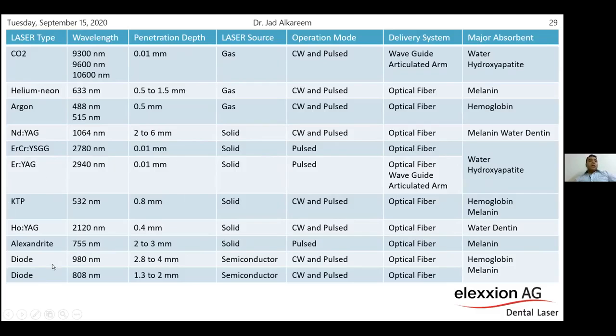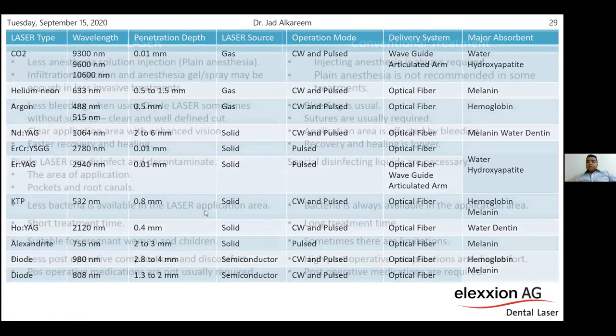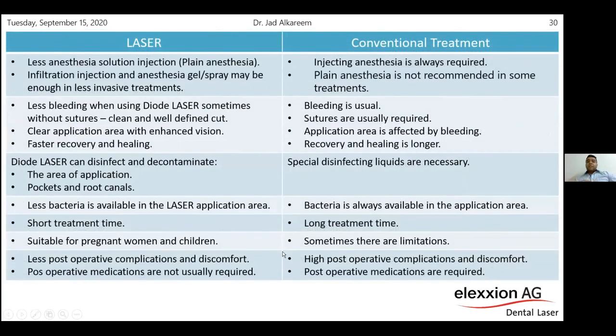Then finally, I will go to the diode. As we mentioned, we have different wavelengths of the diode. So I will speak about the 980. The 980 has a penetration depth into the soft tissue from 2.8 up to 4 millimeter. The laser source is a semiconductor.